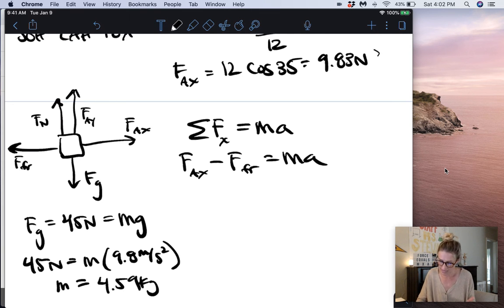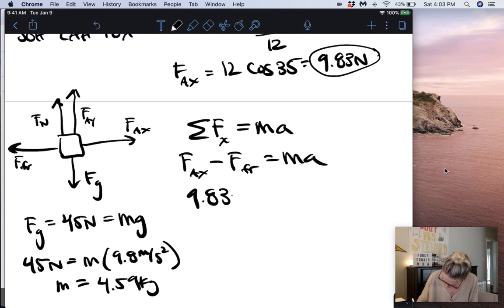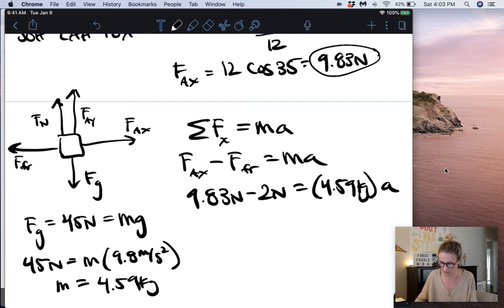I just found it. It's that 9.83 newtons. I know the force of friction is 2 newtons, and now I know the mass of the cat is 4.59 kilograms. So we get force applied in the x direction is 9.83 newtons minus the force of friction, which was 2 newtons, equals mass, which was 4.59 kilograms, times acceleration.